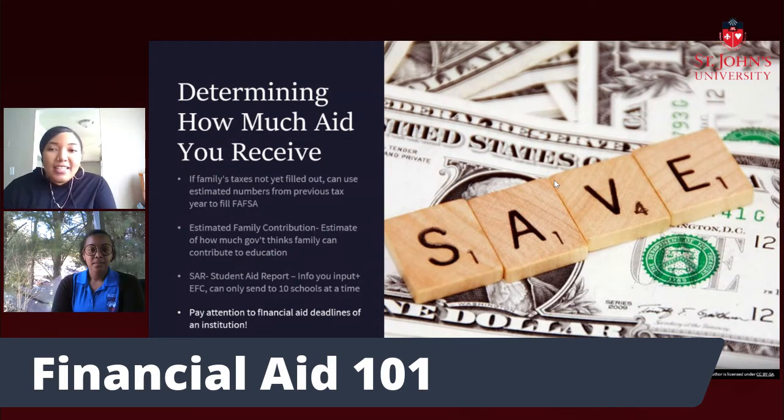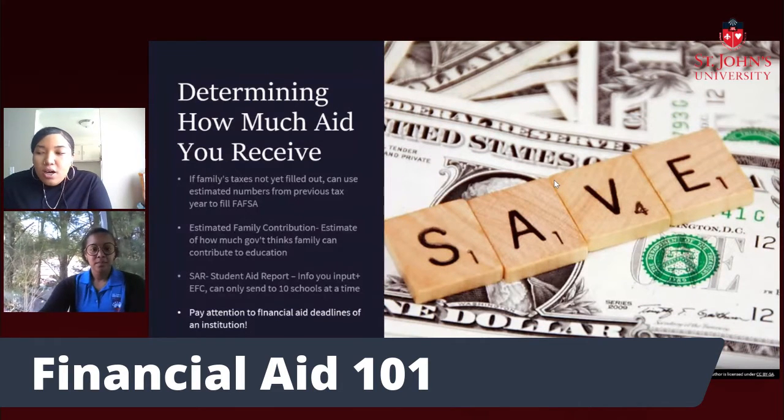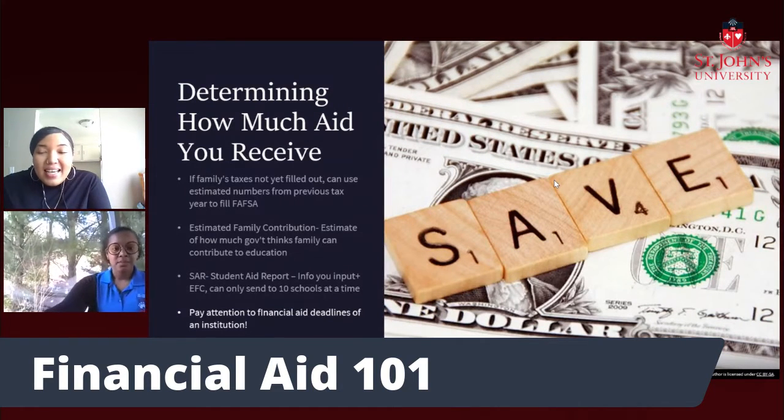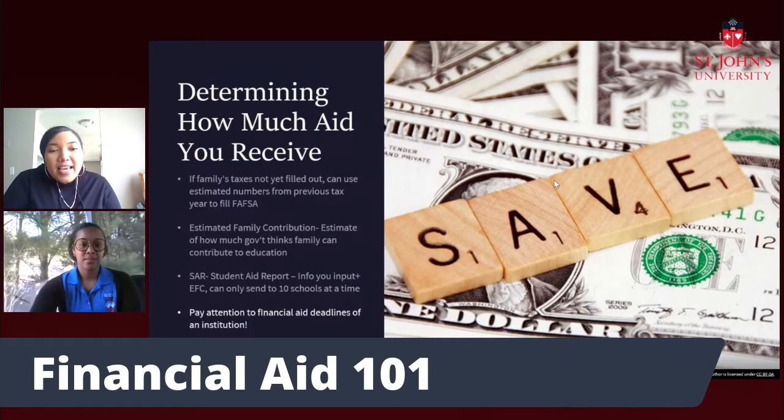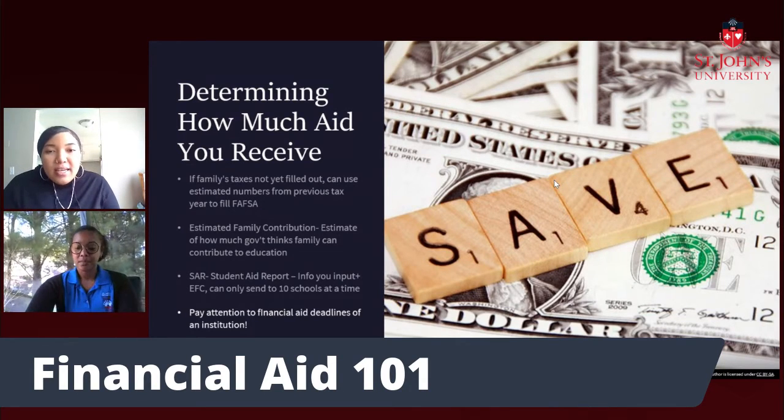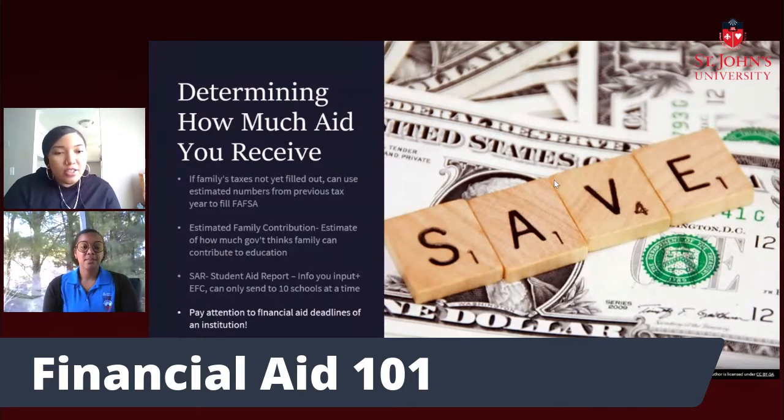So if you are applying to more than 10 schools, you're going to want to send to those initial 10 schools, wait for it to be processed, and then go back into your FAFSA application and change some of the schools and then submit to the next schools. Make sure you pay attention to financial aid deadlines of an institution just to make sure you're getting everything in on time and that there's no issues with processing your financial aid.